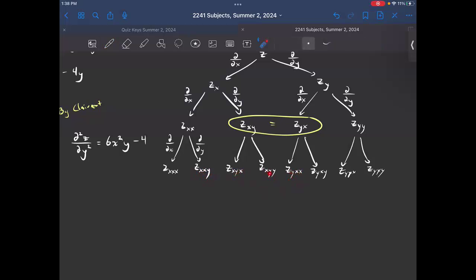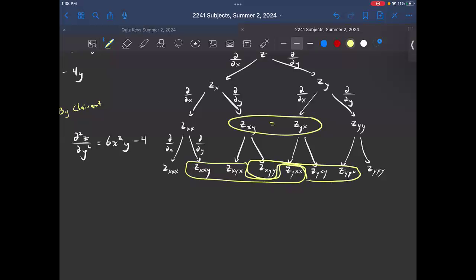And then here we have two y's and one x, same here and same here. So Clairaut's theorem is going to stick all three of those together. There we go. And then these guys also get stuck together in a different blob. And so now we've got this tree that's sort of like squishing a bunch of stuff together.